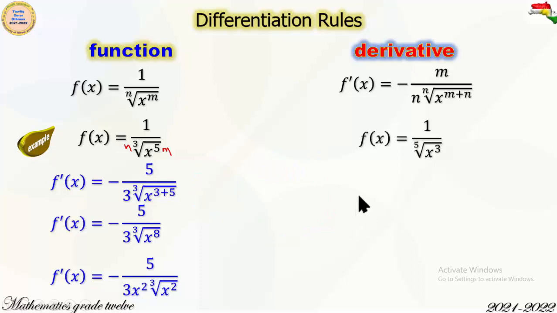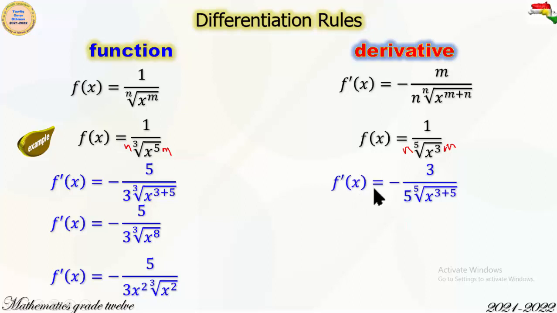Another example, f of x is equal to 1 over the fifth root of x cube. As you can see here, m is equal to 3 and n is equal to 5.